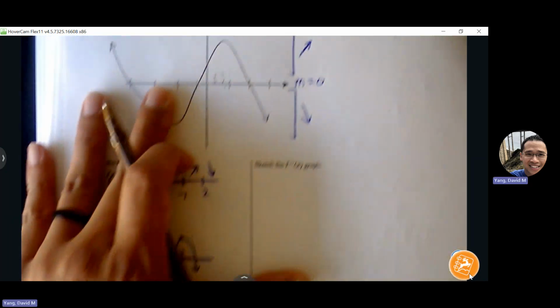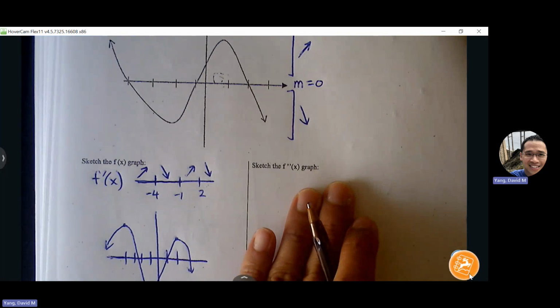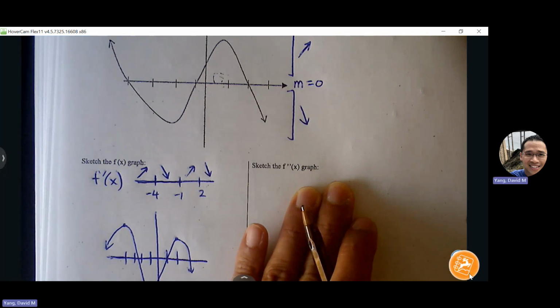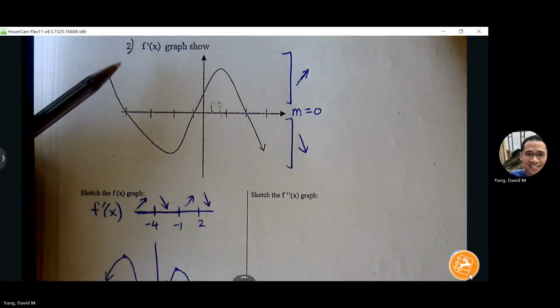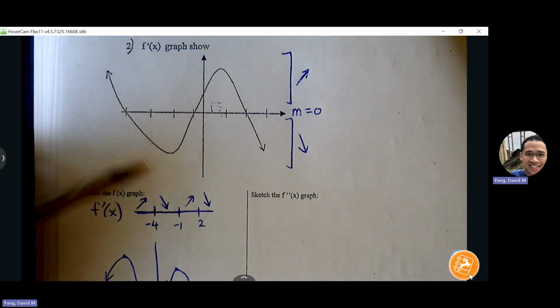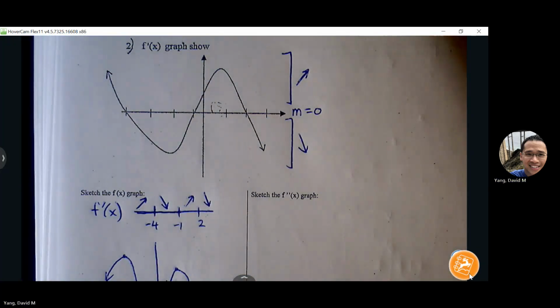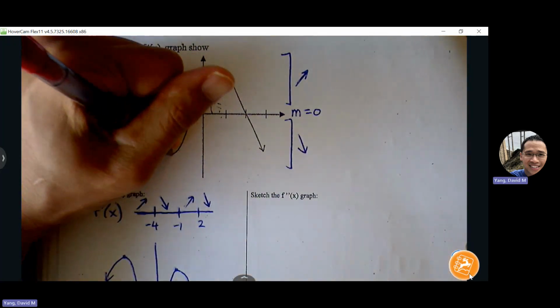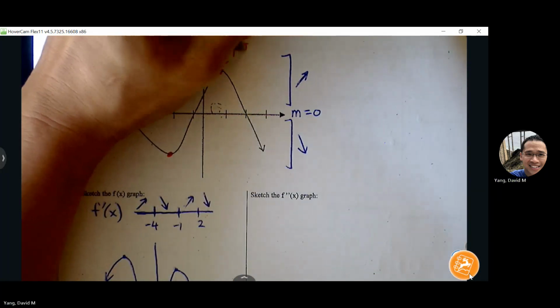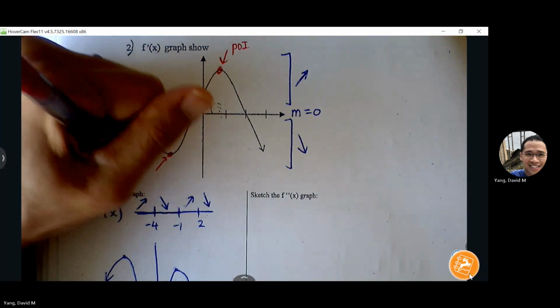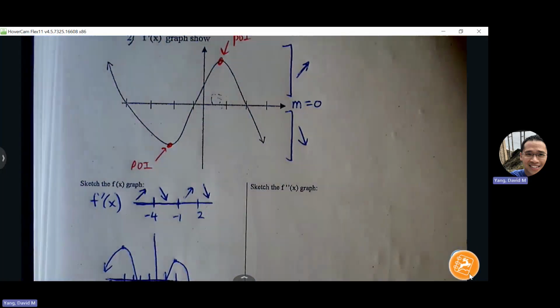Now, off the f prime graph, we can also gather information about the concavity of the original graph. So how do we find the points of inflection of the original graph if we're looking at the f prime graph? Good, the peaks and valleys, right? These are the POIs.